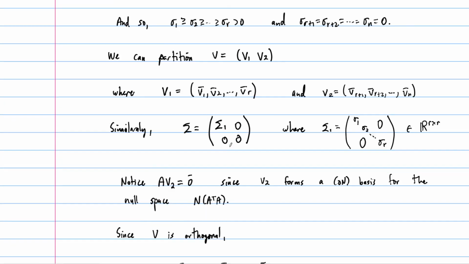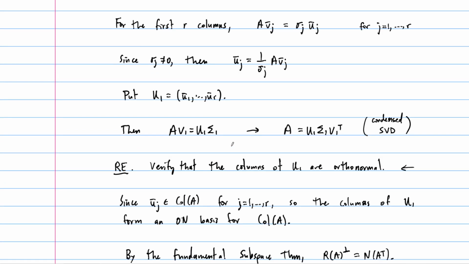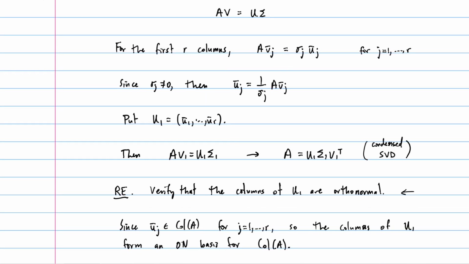And then for the matrix U, we have a formula for the non-zero singular values. Probably should put a box around this one because it's going to be important. We're going to use this one in our examples. So this is the formula for computing the columns of U that correspond to the singular values that are not zero, right?